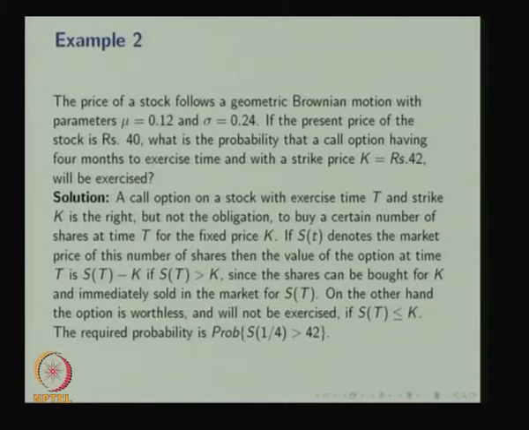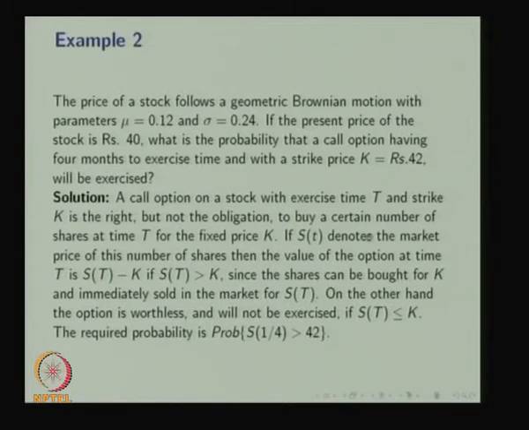So, a call option on a stock with the exercise time T and the strike price k is the right, but not the obligation, to buy a certain number of shares at time T for a fixed price k. That's the meaning of a call option.